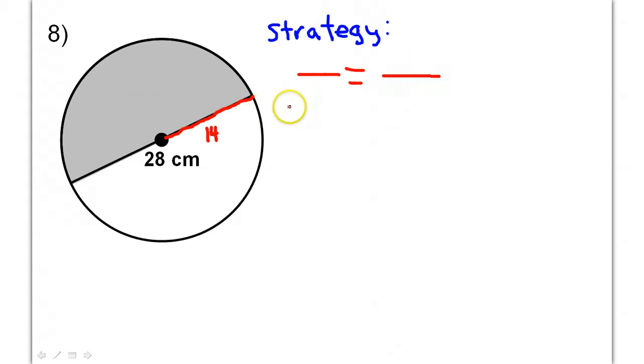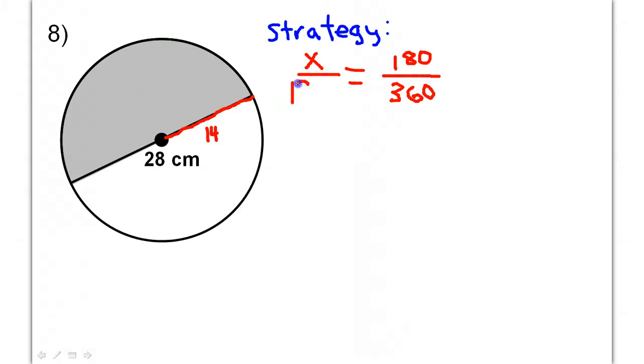Okay, we could set this up as part over whole equals part over whole. Hunter, what would be the degrees if we do this as a part over whole problem? Right, it's a semicircle, so we'd be talking about 180 over 360 equals x over what's going to come down here.